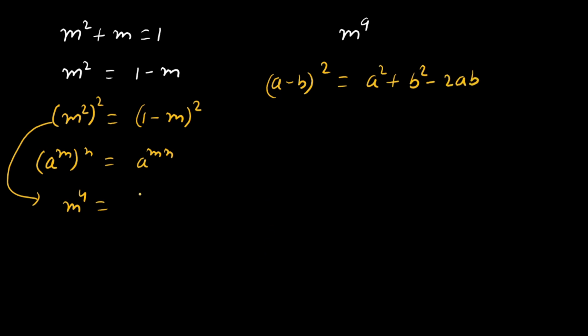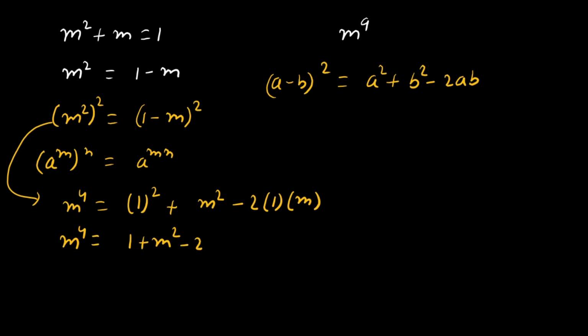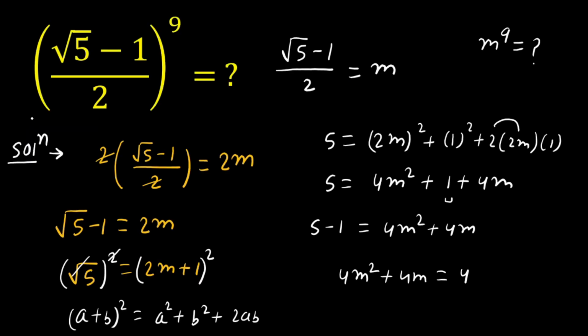Then m power 4 equals 1 plus m squared minus 2 times m. And here this m squared is replaced by 1 minus m.